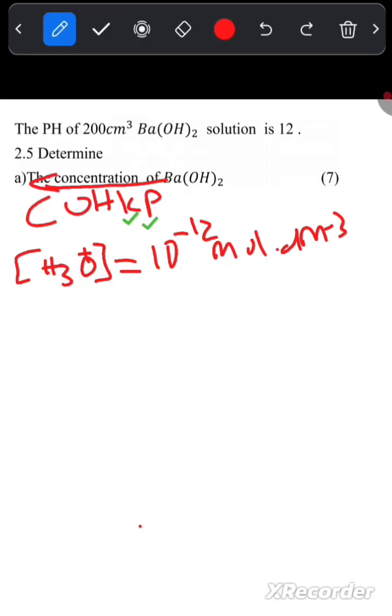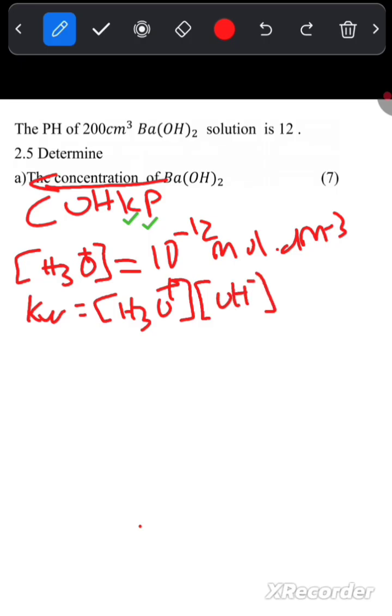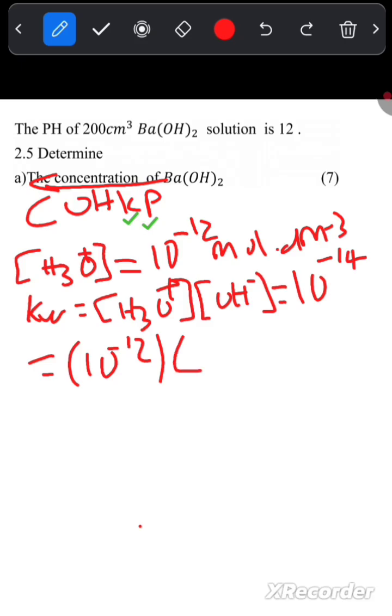KW is equal to the concentration of hydronium ions multiplied by the concentration of hydroxide ions, 10 to the power negative 14. The concentration of hydronium ions there is 10 to the power negative 12.